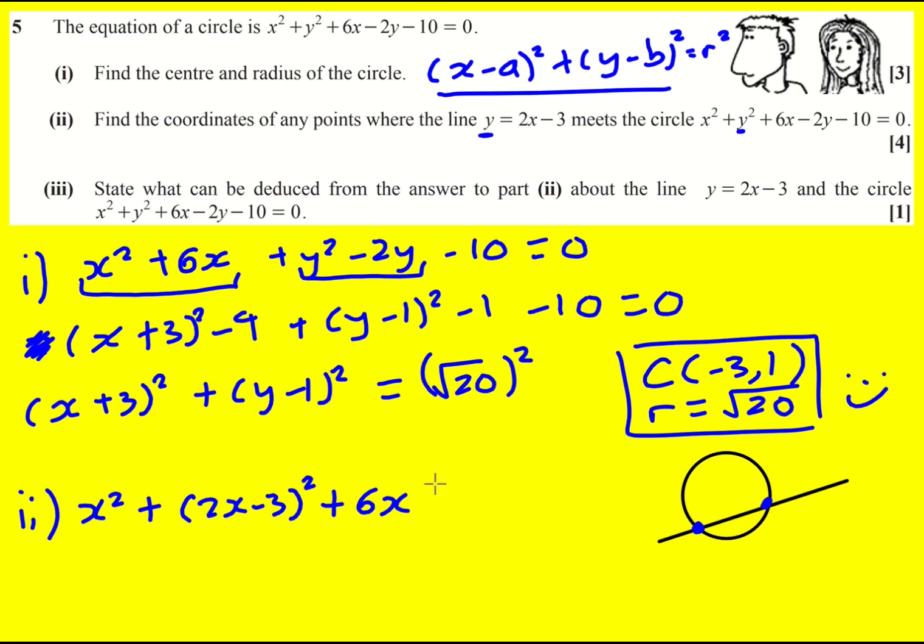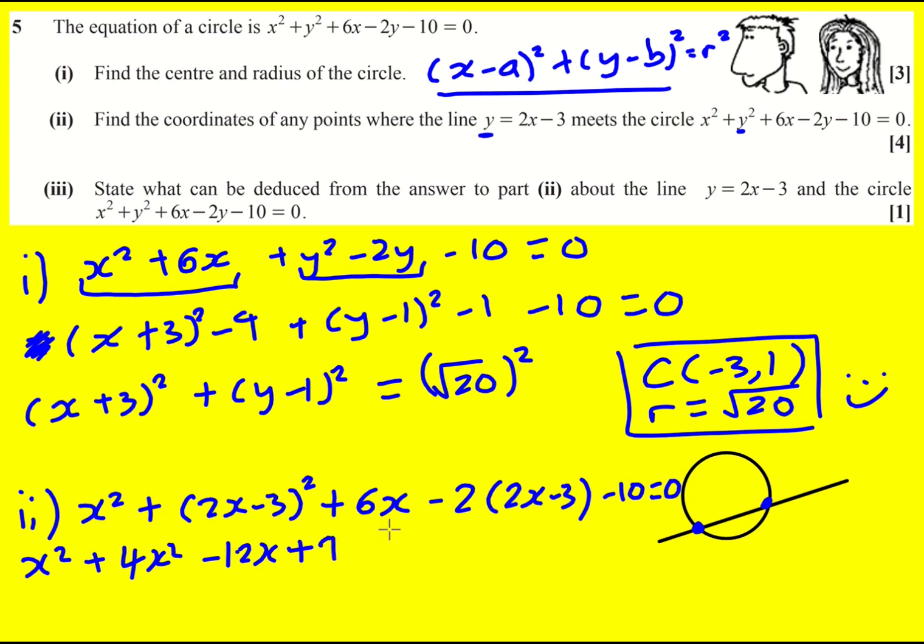So this is fine. Minus 10 equals 0. Expand this double bracket, so I'm going to get 4x squared. I'm going to get 2x times minus 3, minus 6x and another one, so minus 12x plus 9.